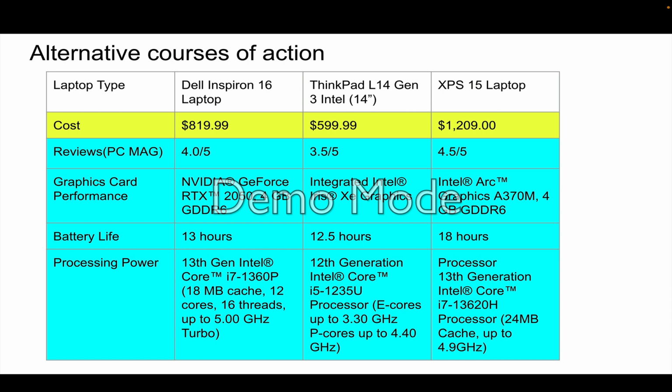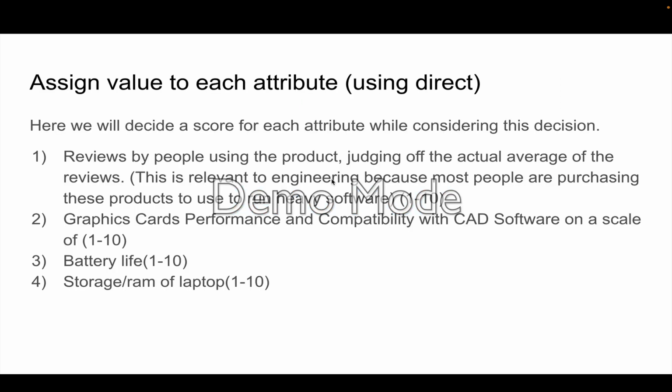So then on the next slide, I'm going to convert these into a scale that I can judge all these by. So I took the processing power and I scaled it by the cores and the actual number here. And I did the same thing with the hours and the graphics card from my knowledge of what is best and whatnot. So I ranked all these out of 10.